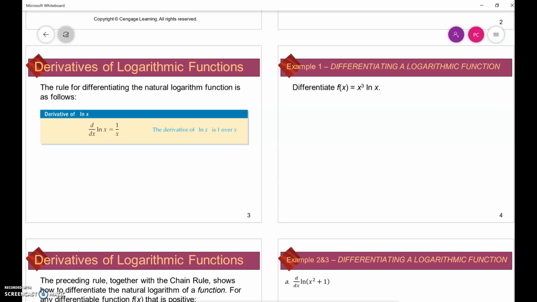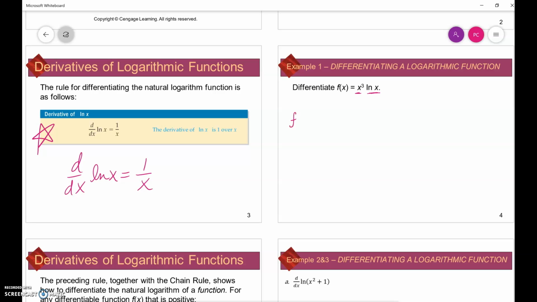So the rule for differentiating natural logarithms is right here. The derivative with respect to x of ln of x is 1 over x. So nothing too fancy. If I look at example 1, I have f of x equals x cubed times ln of x. I have a product rule. We've got two functions there.